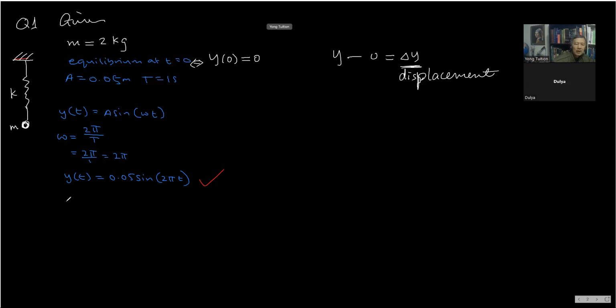Good. So how can we work out the relation between t and the elastic constant or stiffness constant? This is the second part of the question, right? What is the relation between T and k?